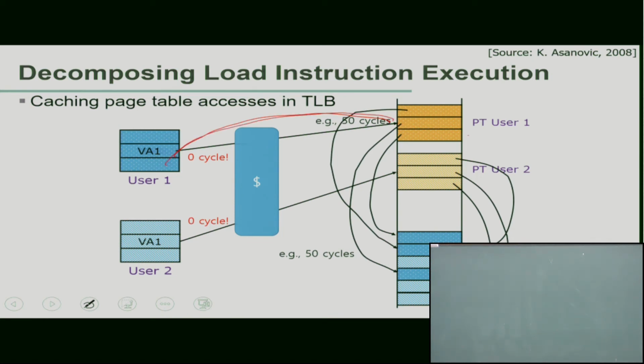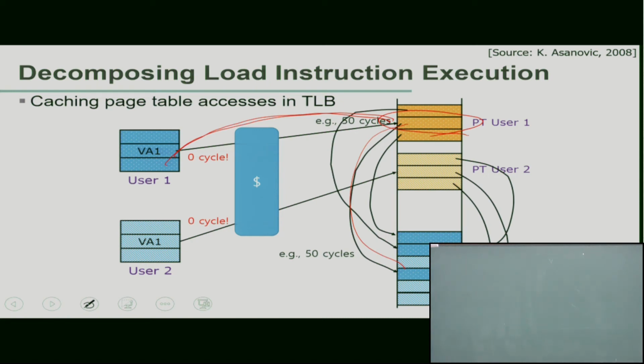Only after you access the page table do you know the physical address of this memory location, and then you go to that location. So in this scenario, every memory access takes at least 2 physical memory accesses: the first to access the page table, and the second is the actual load or store. Okay.